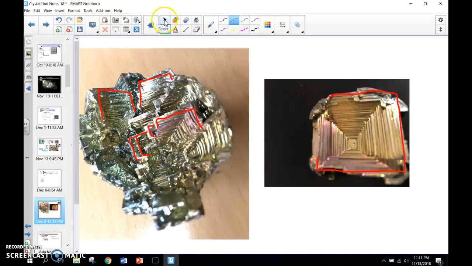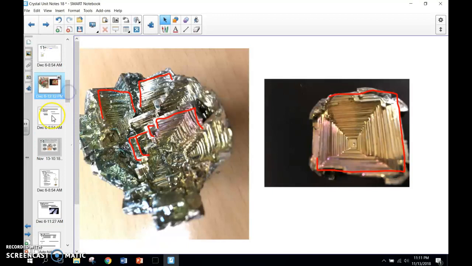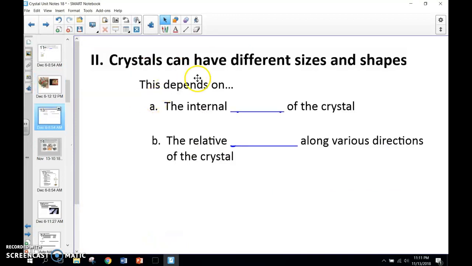Why are these two crystals different sizes? How did this one get so big? Well, it all has to do with the cooling. All crystals come from a solution of some kind, and their shape, first of all, this is part 2, depends on their internal symmetry.